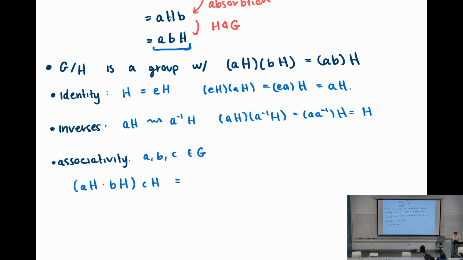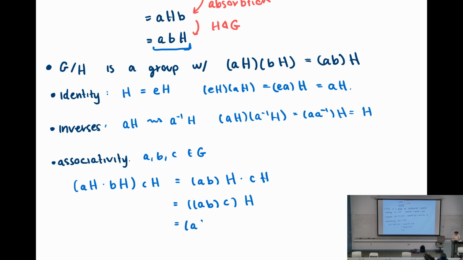Okay, so by the definition of multiplication, this is equal to ABH times CH. And again, by the definition of multiplication, this is then AB times CH. And then now I can use the associativity property in G to reassociate.